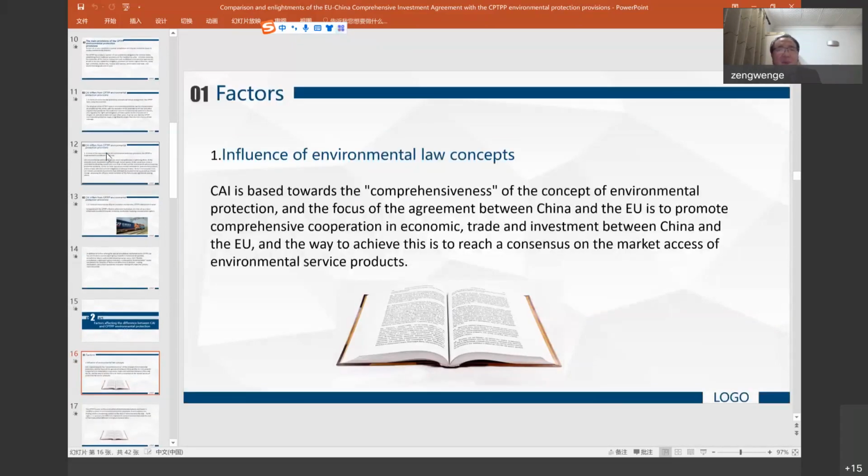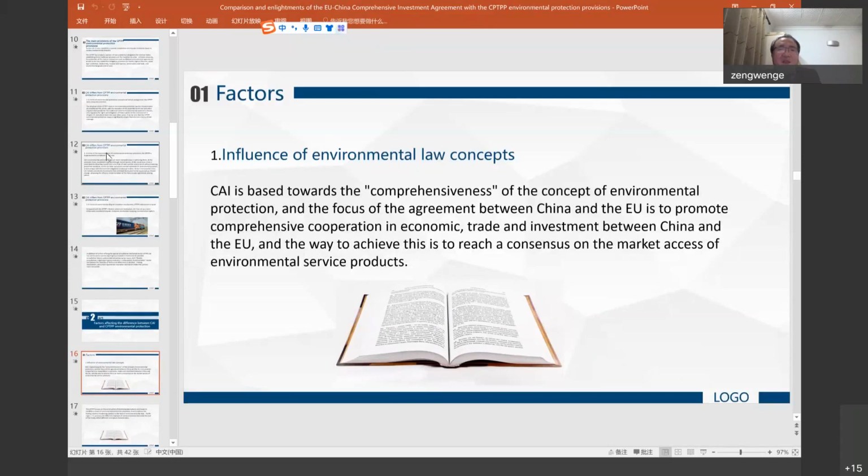Generally speaking, there are four factors that influence environmental law. The first one is the environmental law concepts. A different idea makes these different results.